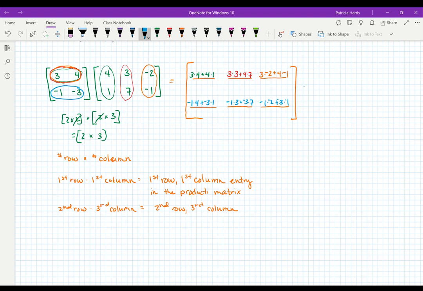Okay, so if I start doing all of that arithmetic, my final answer is 12 plus 4. 12 plus 4 is 16. Then let's see, 9 and 28, 37. Negative 6 and negative 4 is negative 10.